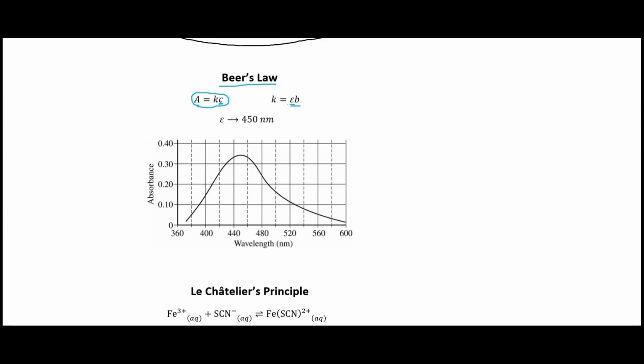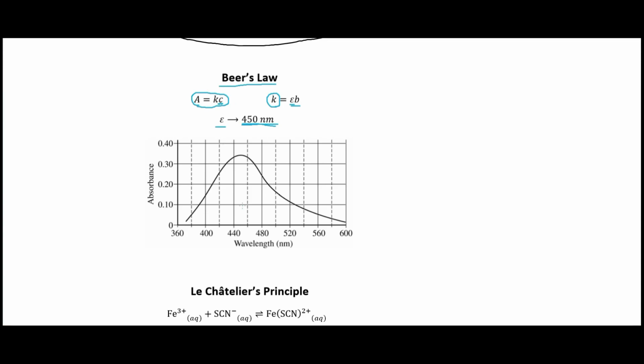But we'll be keeping the path length constant, and we'll be keeping the wavelength at which we are measuring in the spectrophotometer constant. And so this extinction coefficient is dependent on the wavelength here. But since we're keeping those constant, we can just think of K as a constant, as an equivalence constant here between our absorbance and our concentration here.